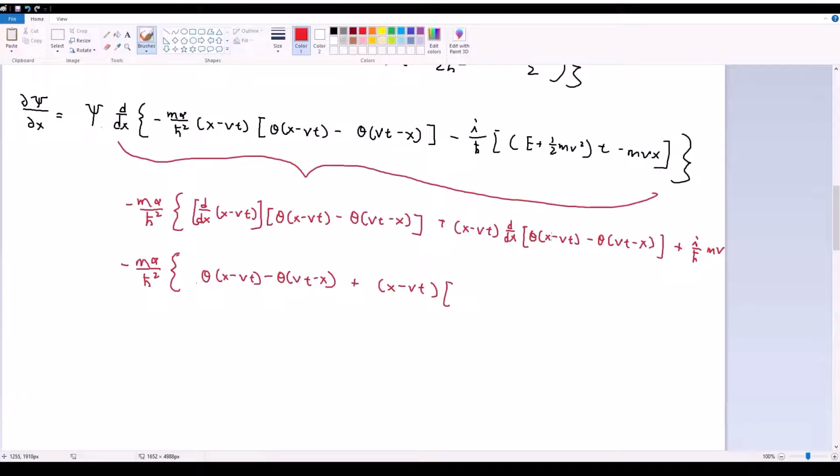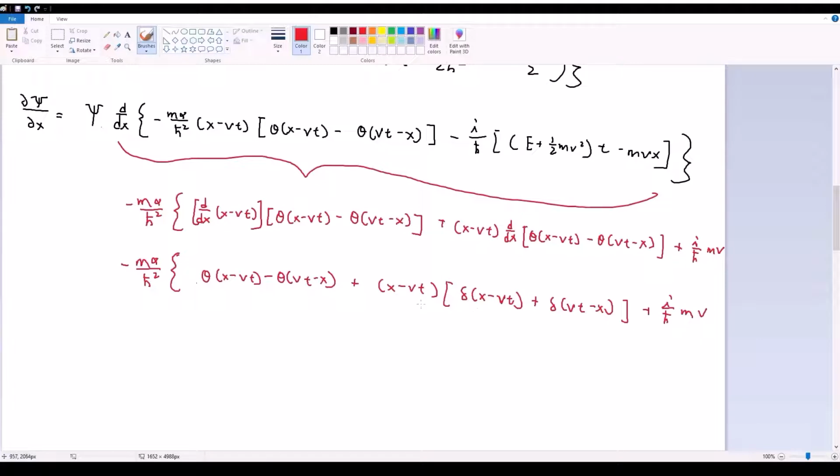The derivative of x minus vt in terms of x just gives 1, so there's no other extra multiplicative factor to attach at the front. It's going to give me a Dirac delta of (x − vt). And then over here, the derivative of vt minus x is actually going to give a negative 1. So this is going to become plus Dirac delta (vt − x), plus i over h bar mv.